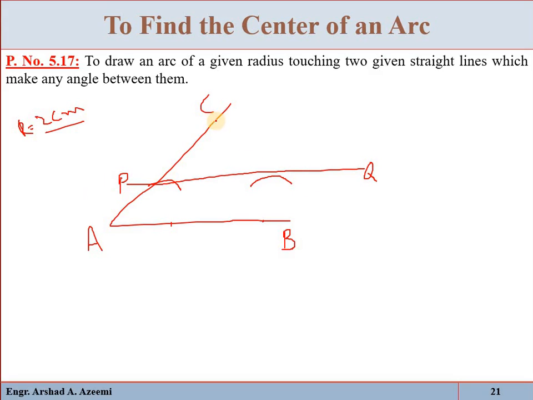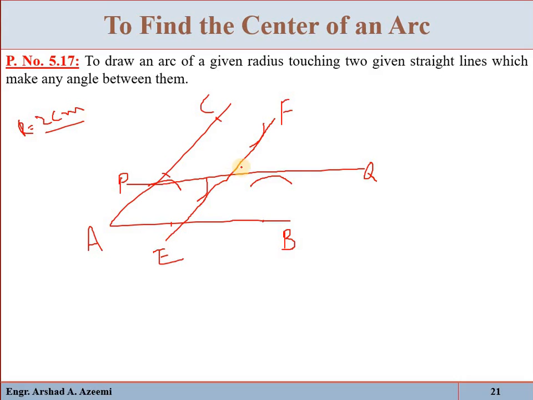Similarly, draw a line parallel to AC at 2 centimeter distance. Okay, so just mark here a point, and from this point at 2 centimeter draw an arc, and here draw an arc. Okay, so this line will be, for example, parallel to AC. Suppose that is F and E.